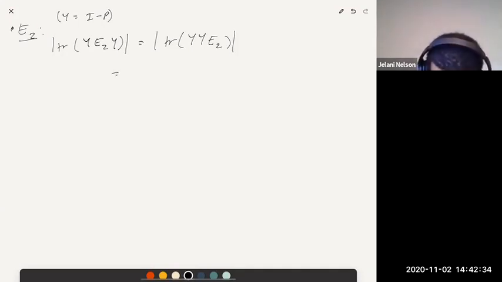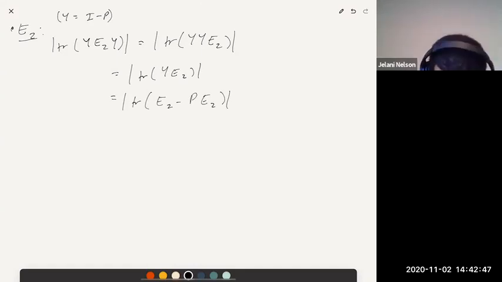So this is the same thing as the trace of YE2, which you remember what Y is. This is equal to the trace of E2 minus PE2. Okay, and now let me use triangle inequality. This is at most the trace of E2 plus the trace of PE2.